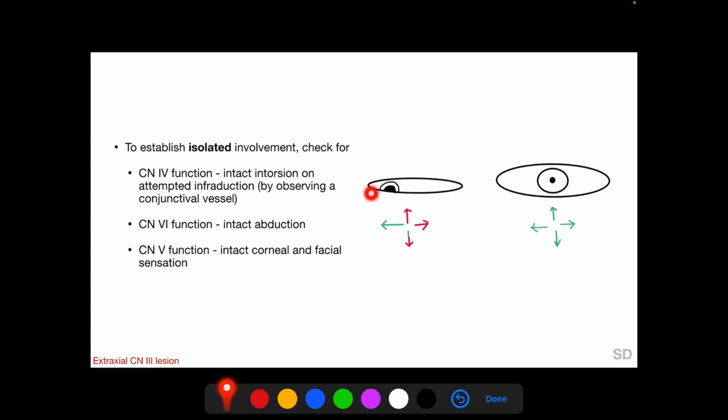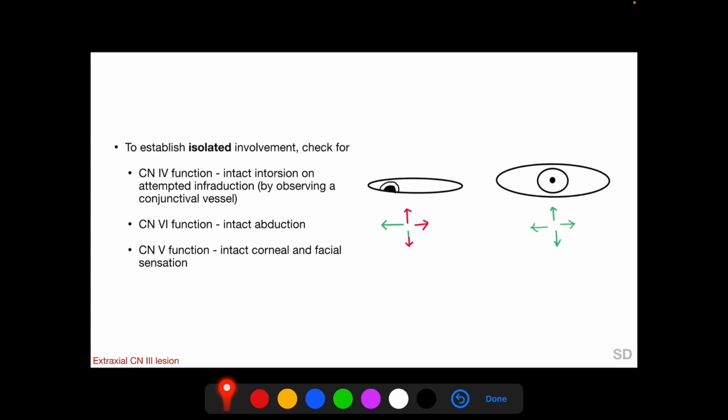In a patient presenting with a picture of a third cranial nerve palsy, checking for the function of the 6th cranial nerve and the 5th cranial nerve is straightforward. If the abduction is intact, 6th cranial nerve function is intact, and if the corneal and facial sensations are intact, 5th cranial nerve is also intact.